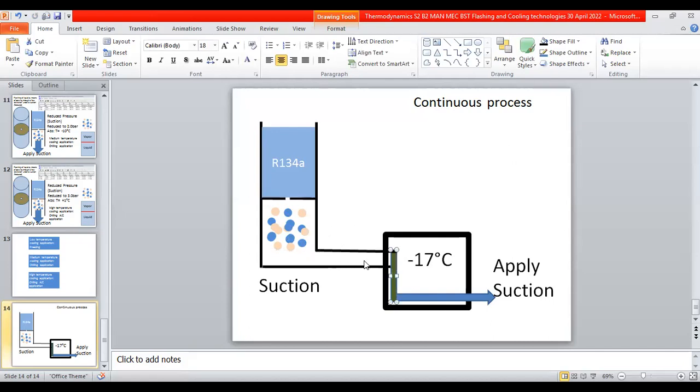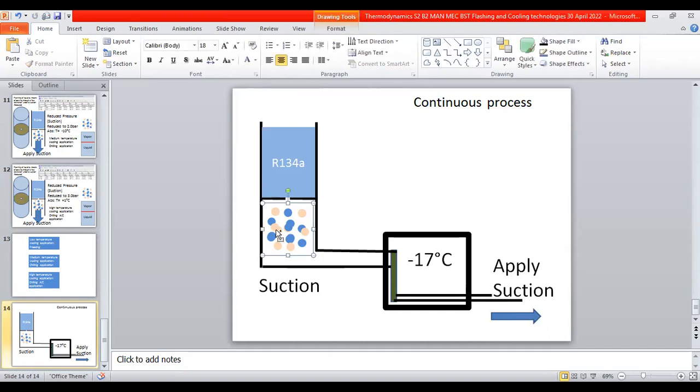All sealed passage, well sealed passage. So all fully sealed. Otherwise, we cannot maintain suction.